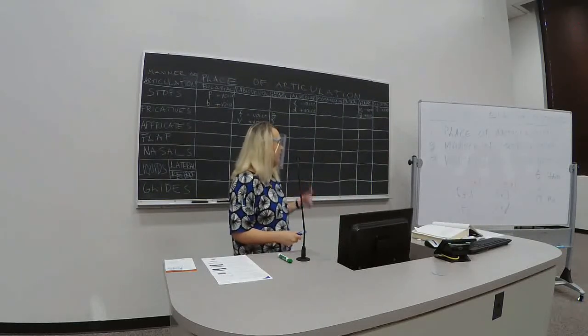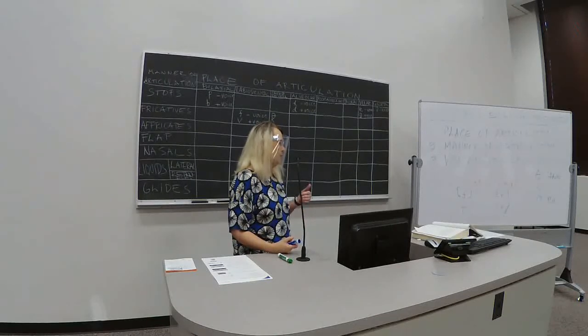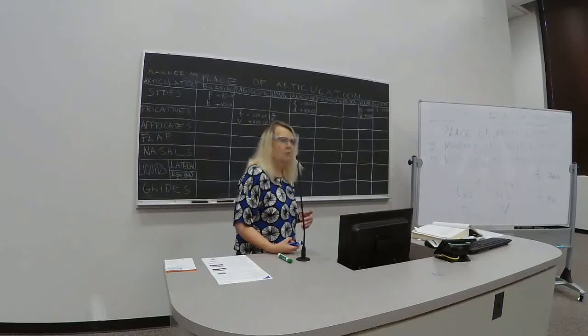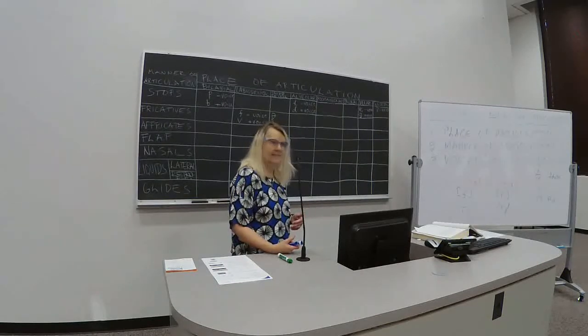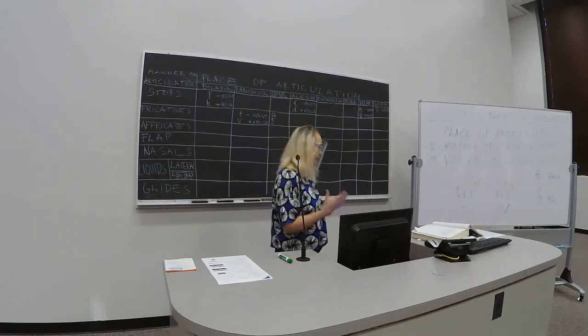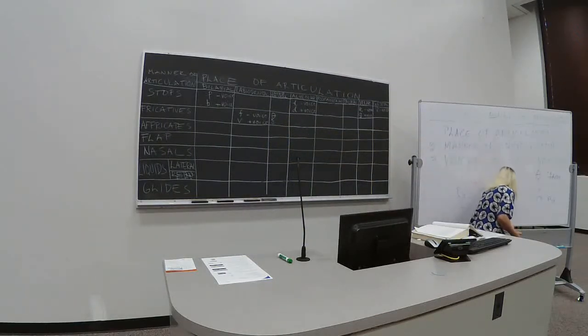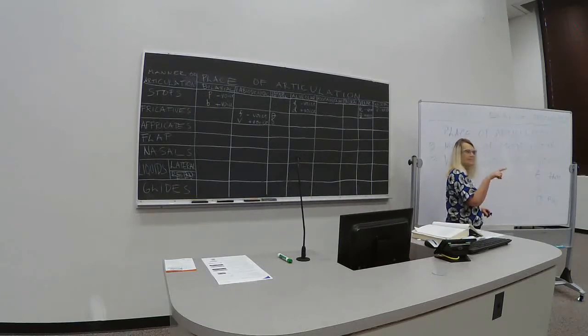So we've got theta and eth, and these two represent two different sounds that are not distinguished in the English writing system by different letters, and indeed they are both represented by the same two letters. Anyone, what are the two letters that represent these two sounds? TH.